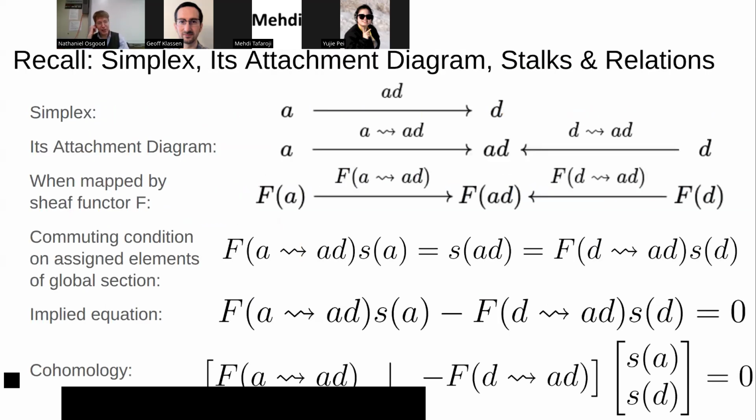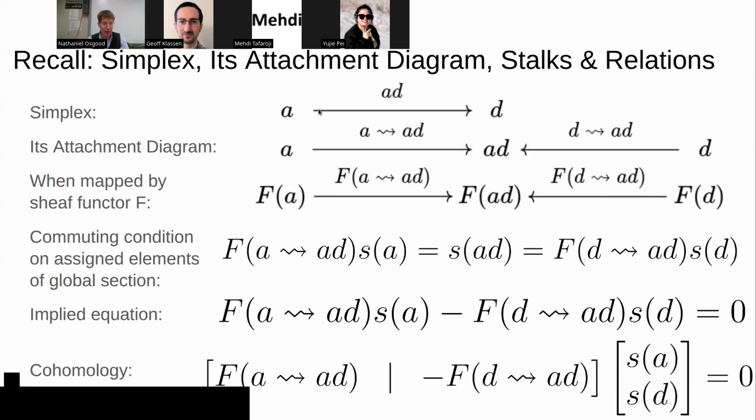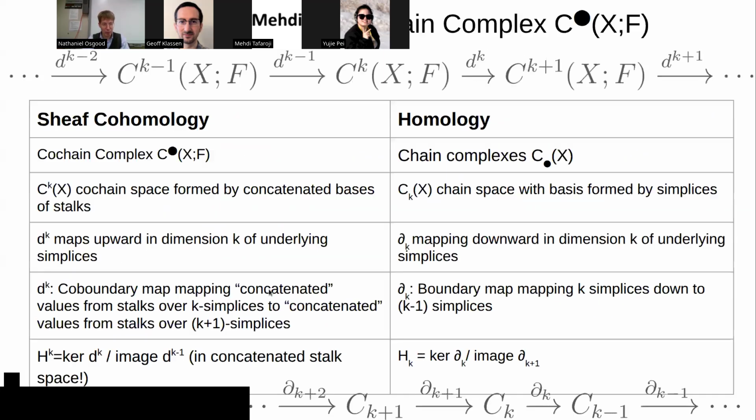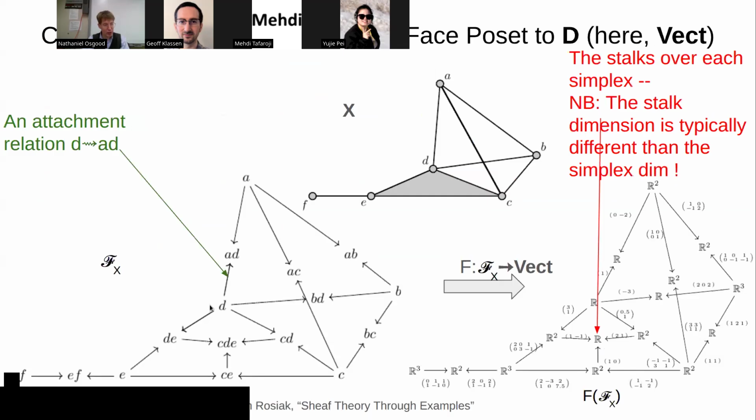Okay, so I know there's a lot going on here. Let's unpack this. Here we have our simple simplex in our map, right? You remember our maps, right? Let's look at this one right here.